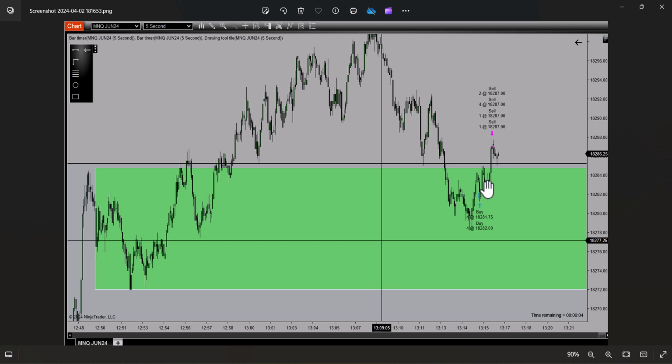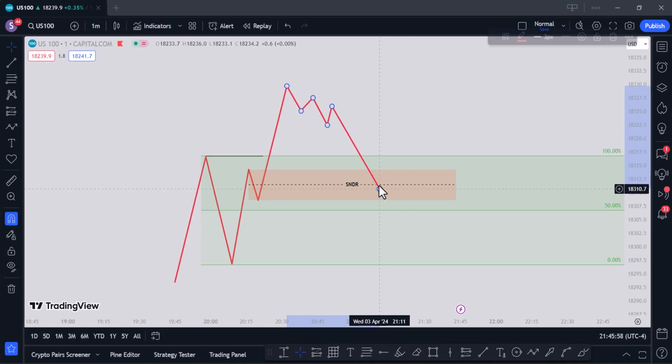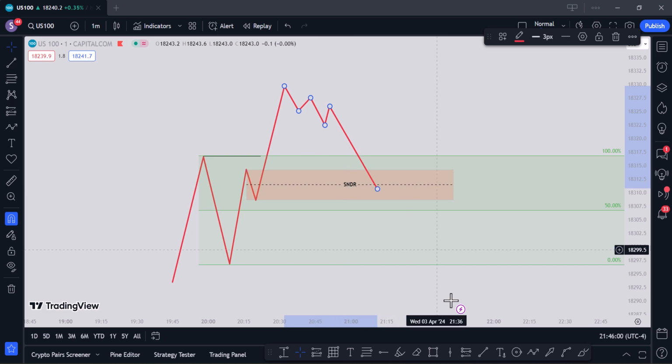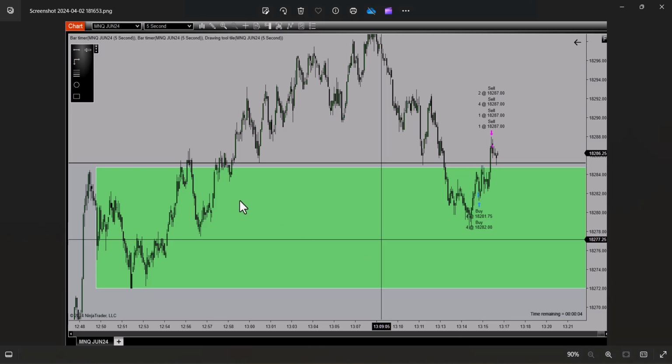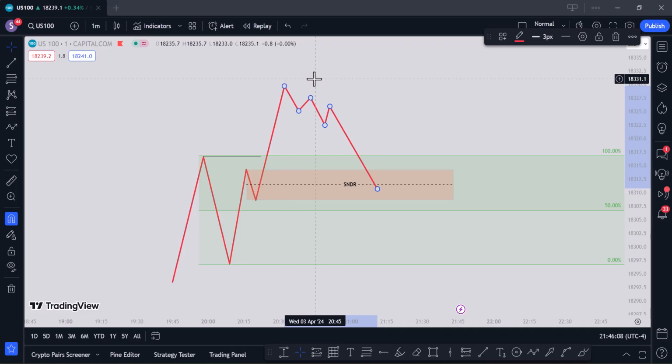at this moment, I knew that this is likely not the market structure shift that's going to send price to make a new high. So if we go here, I knew that this market structure shift that happened here on the SNDR, this green zone, is not the one that's going to send price to here. Now, why is that? The first thing is that we still have a lot of unmitigated zones here.